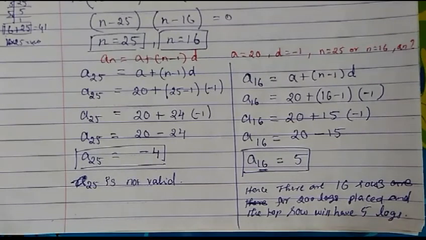So how many rows are there? There are 16 rows for 200 logs placed, and the top row will have 5 logs.